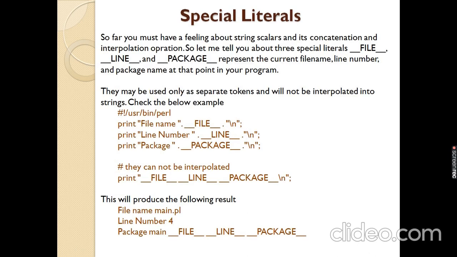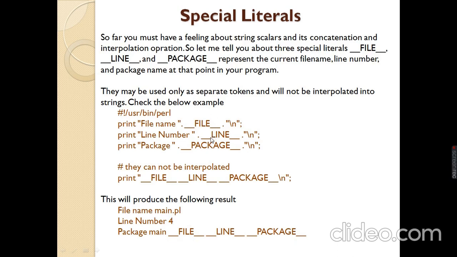Now the special literals. So far we have a feeling about the string scalars and their concatenation. Let me tell you about the 3 special literals. File, line and package. File represents the current file name.